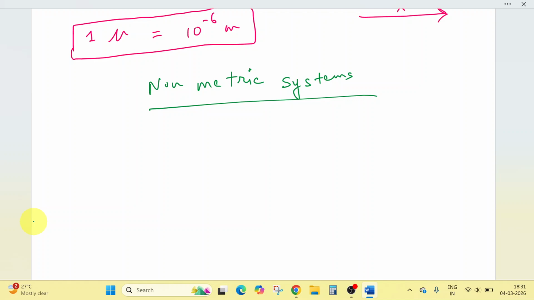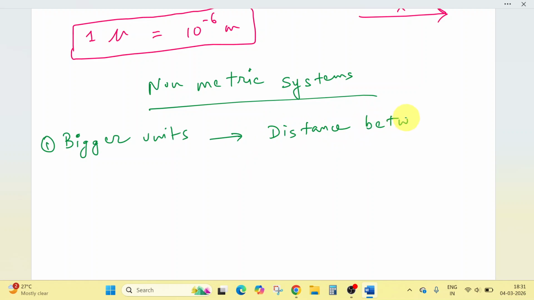Now in case of non-metric units, if I consider bigger units, then we will be focusing on the distance between heavenly bodies. What are heavenly bodies? Celestial bodies, that are planets and satellites.